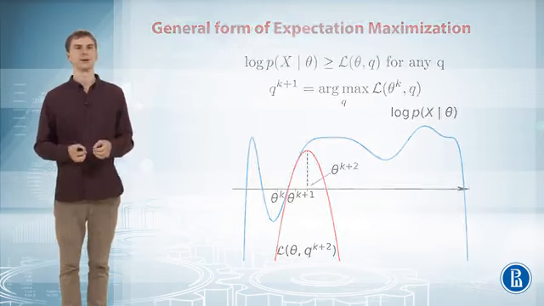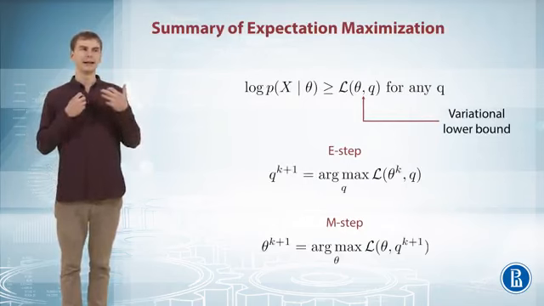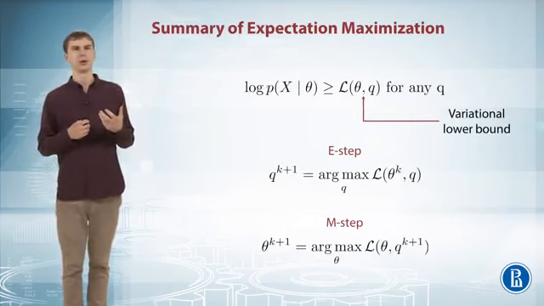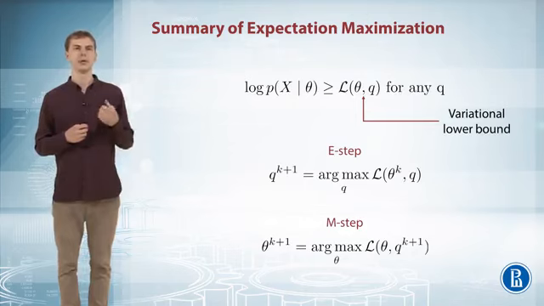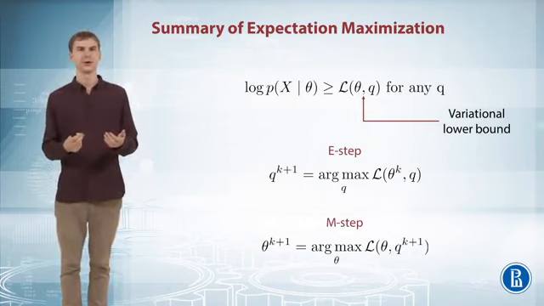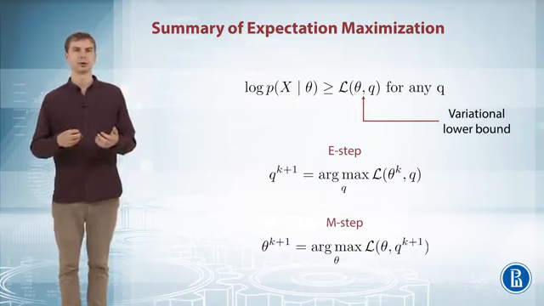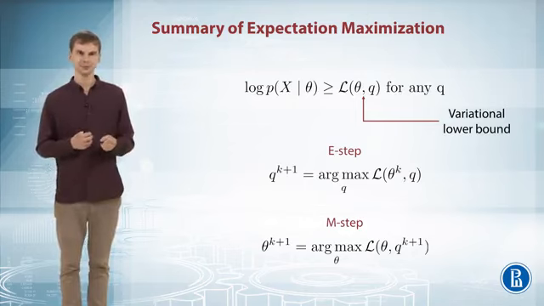So to summarize, expectation maximization suggests, first of all, to build a lower bound on the log likelihood, which depends both on theta, which we want to maximize, the blue curve, the log likelihood, and the parameter q, which is something we just introduced, and which is also sometimes called the variational parameters.